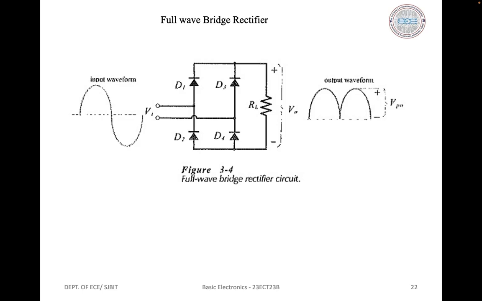The bridge rectifier has two forward biased diodes in series with the supply voltage and the load. Because each diode has a forward voltage drop, Vf, the peak output voltage is Vpi minus 2Vf. So the average and RMS values of the full wave rectified waveform are: V0 average is equal to 0.637 VPO and V0 RMS is equal to 0.707 VPO.